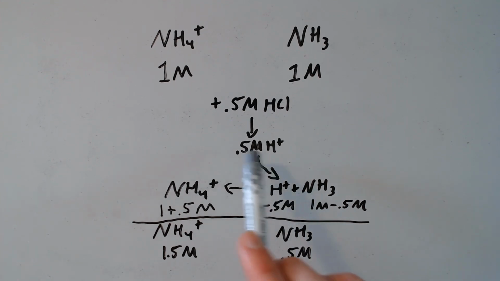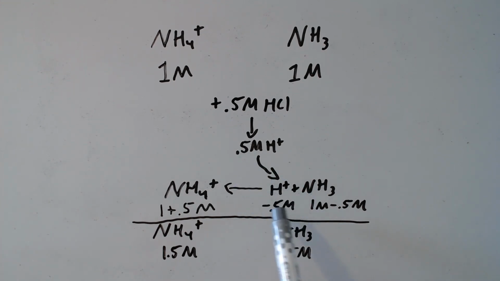So I'm drawing here minus 0.5 molar because all of these H pluses bind to NH3. Now they're not alone in the solution anymore. And this NH3, originally we had 1 molar of it, but since 0.5 molar of it bound to H plus to make NH4+, now there's 0.5 molar less of it.